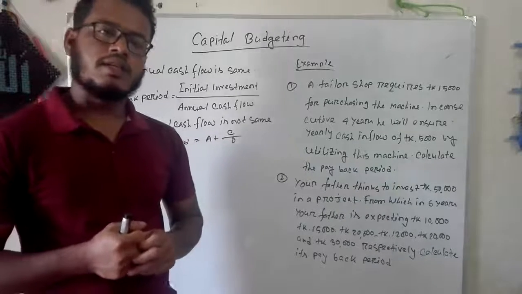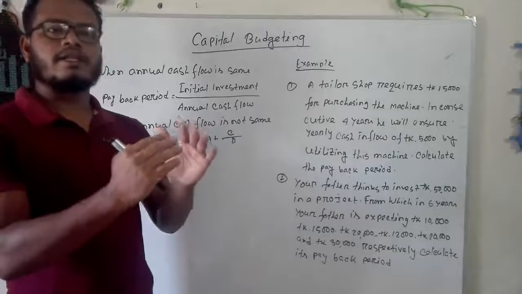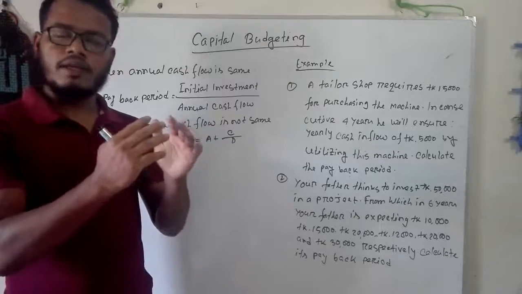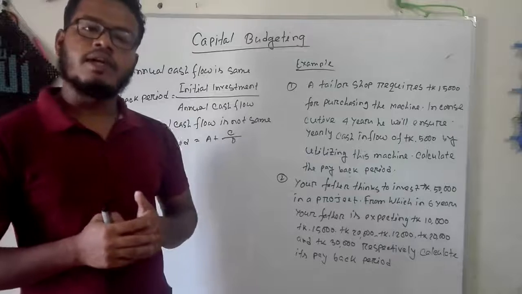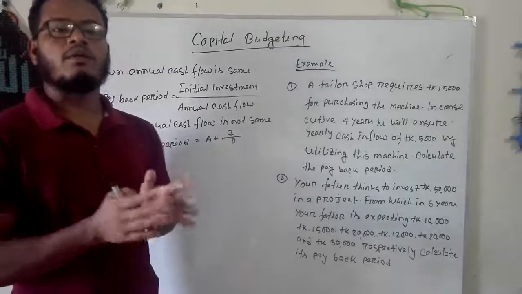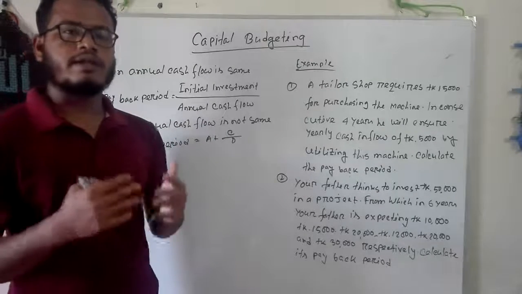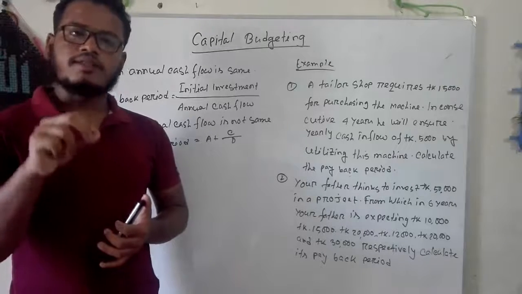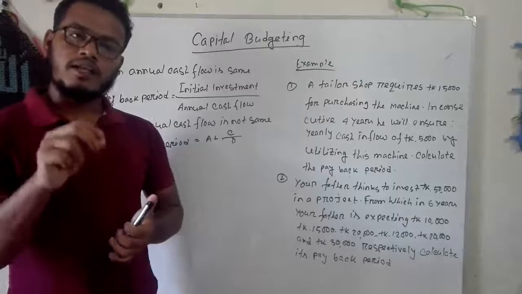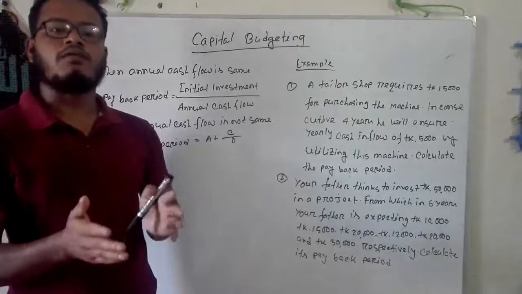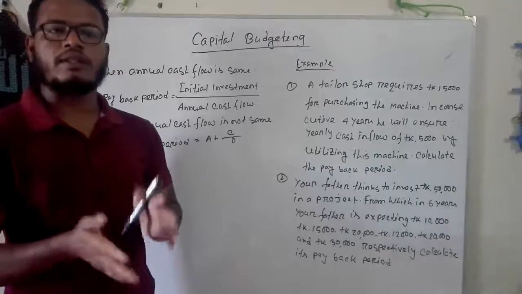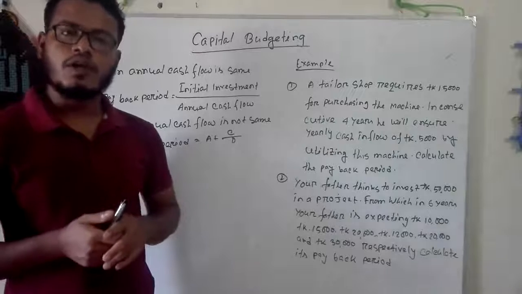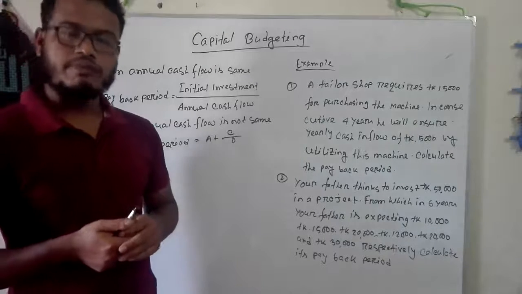The first situation is when the cash inflow of each year is the same, then we apply the first method. The second method is when the cash inflow is not the same each year, then we apply another formula to find out the payback period.